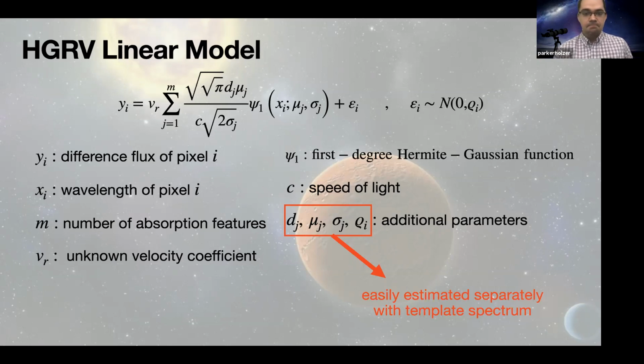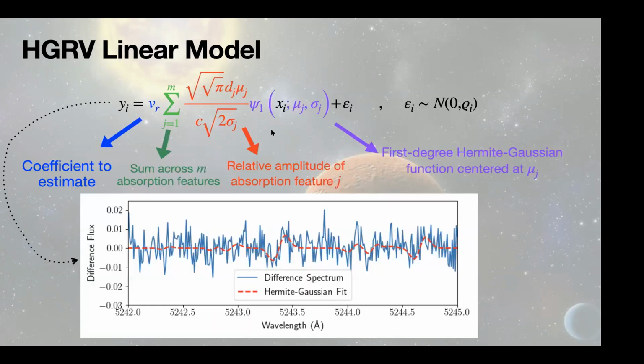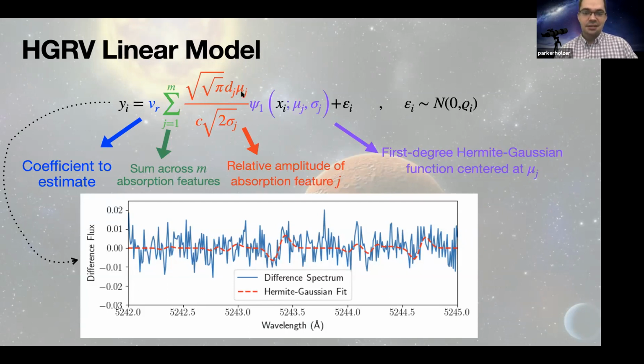So let me break apart this HGRV linear model into a few different pieces. The first piece is, like I mentioned, just a first-degree Hermite-Gaussian function centered at the wavelength mu j. And in red, this is just a relative amplitude of that absorption feature. And then in green, this is just a sum across the m absorption features in the spectrum.